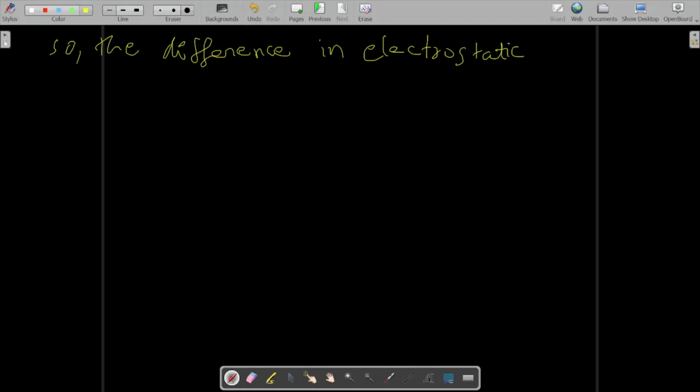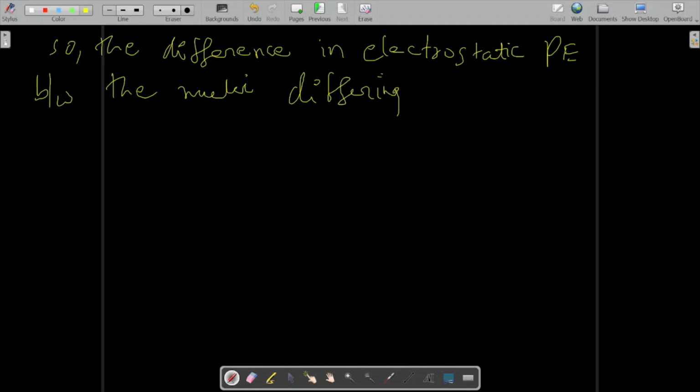So the difference in electrostatic potential energy between the nuclei differing by 1 unit in Z is.